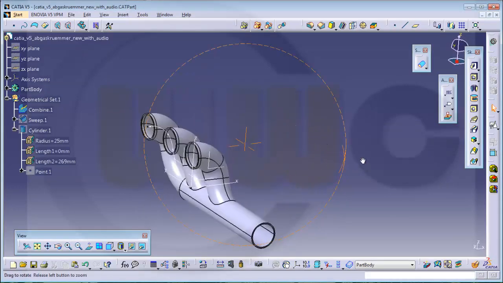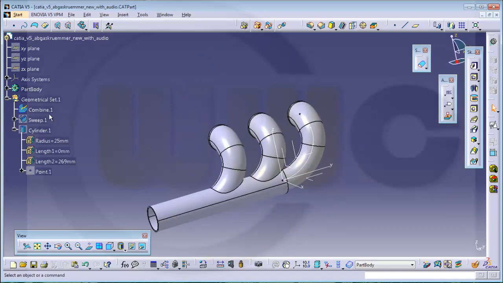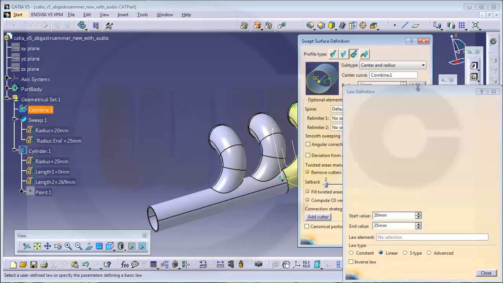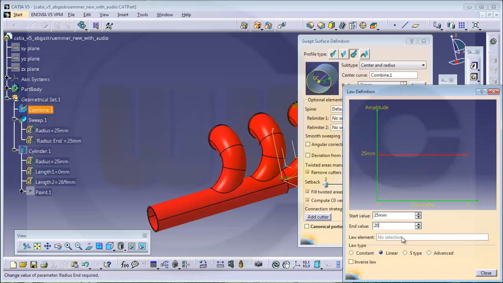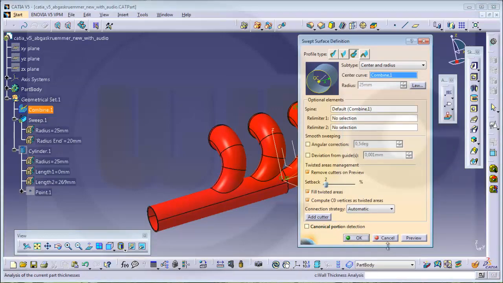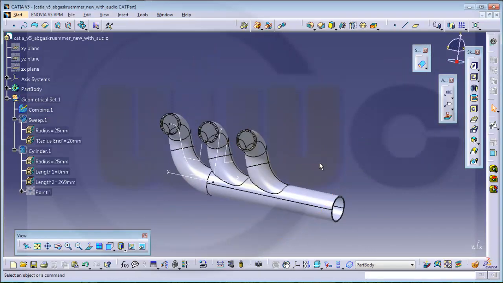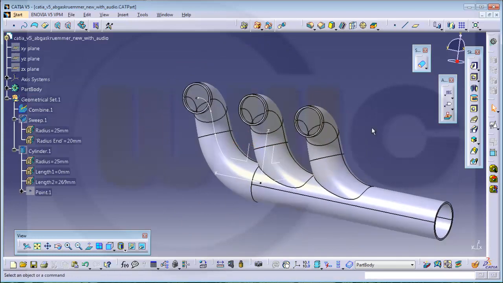Yeah, but it changed the orientation of the law, so I have to go for the law and make 25 and 20, close it, and okay. Okay, now it's okay. Yeah, such things can always happen.